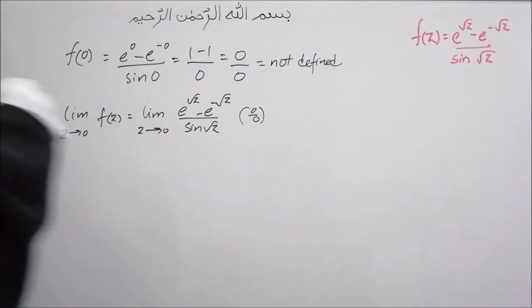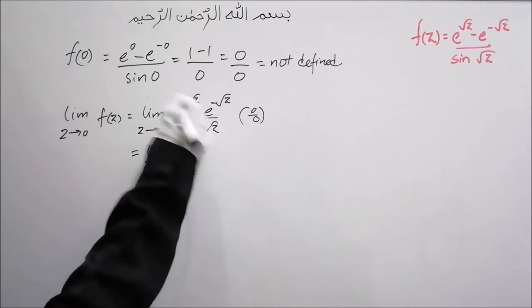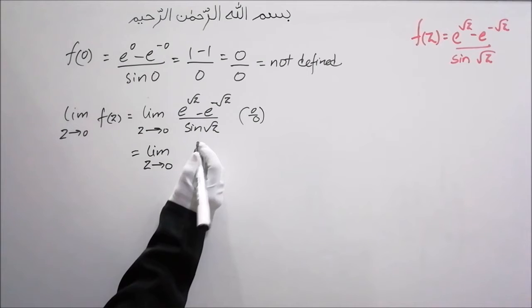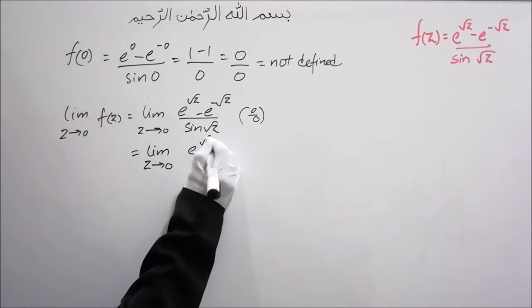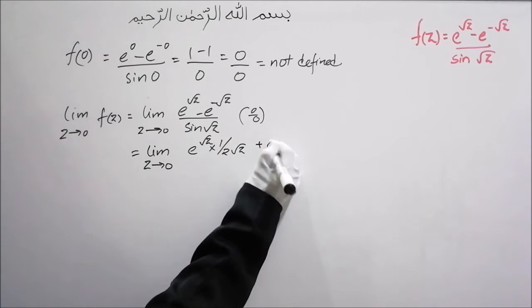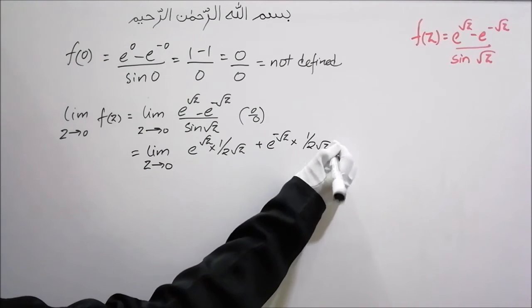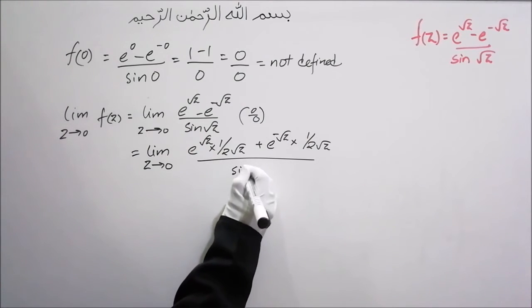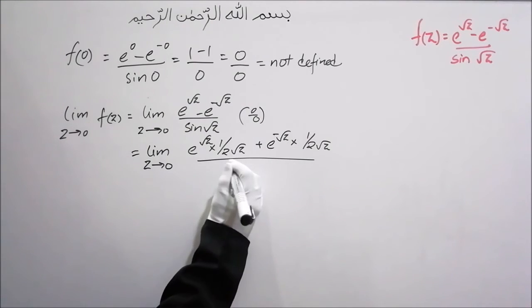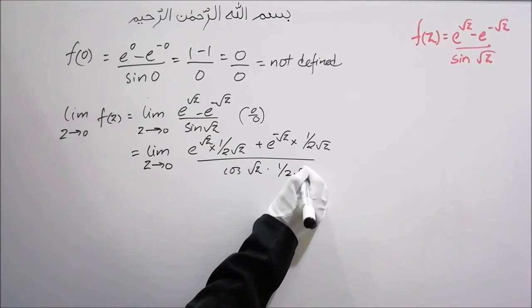So I'll use L'Hospital rule and I'll get here limit z tends to 0, differentiate this term and then differentiate the denominator, which will be e raised to root z into 1 by 2 root z. Minus minus will become plus e raised to minus root z into 1 by 2 root z divided by differentiation of sine root z will be cos root z into 1 by 2 root z.